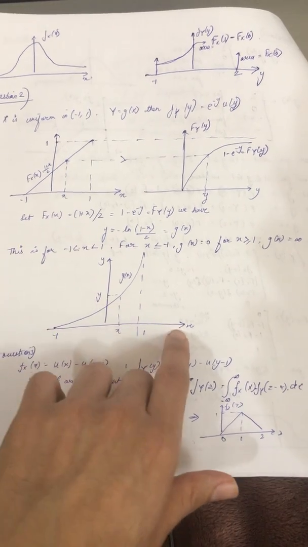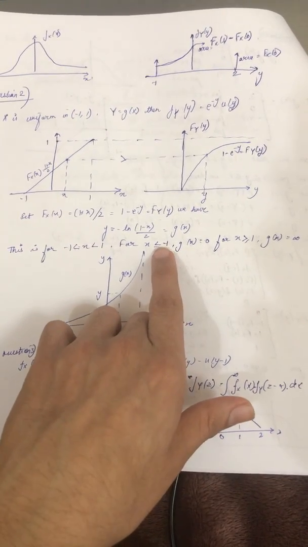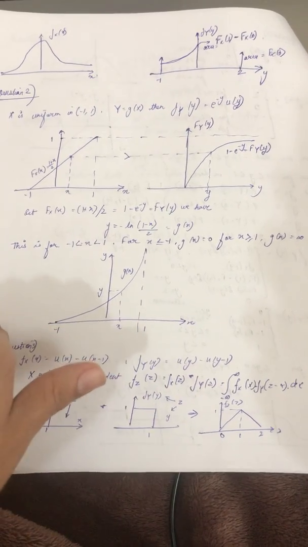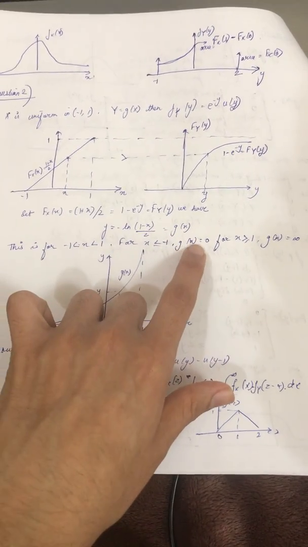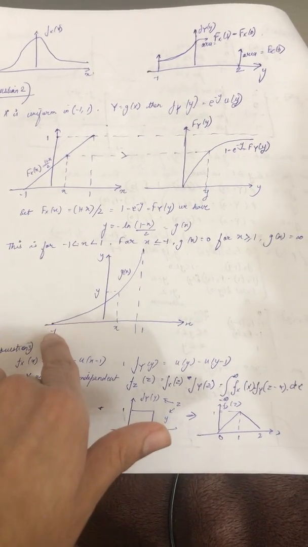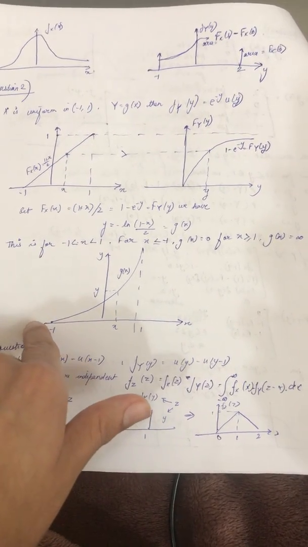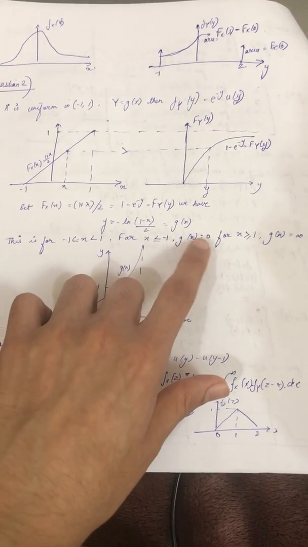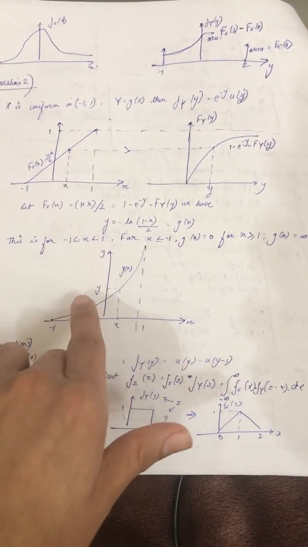So when we are considering that x is smaller than or equal to -1, that means x lies in this region. So the value of the graph of g of x is equal to 0. That means it will cut at -1, and after -1 it will be 0. So this is done.